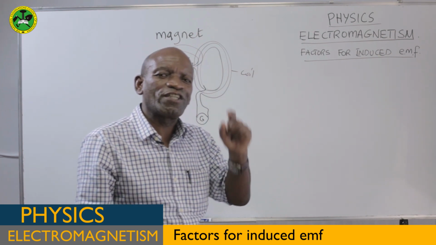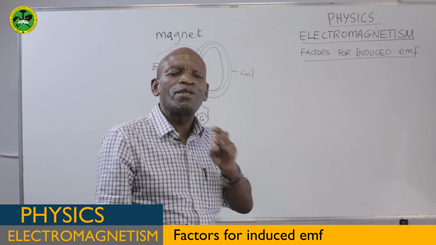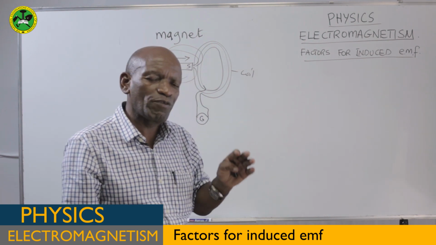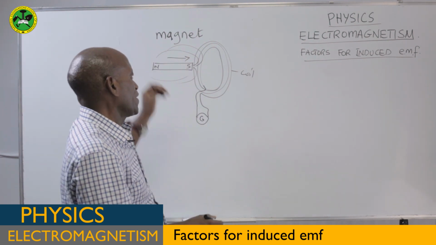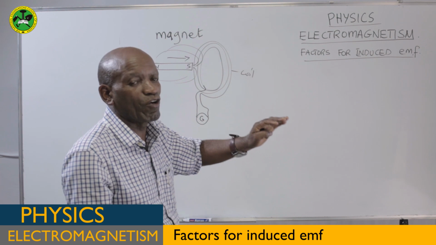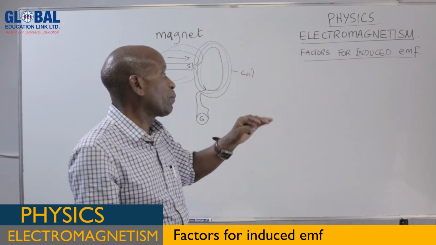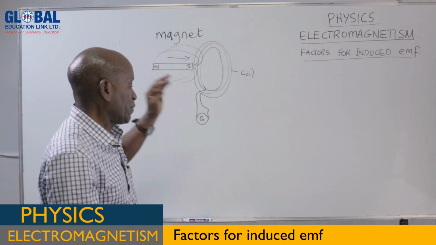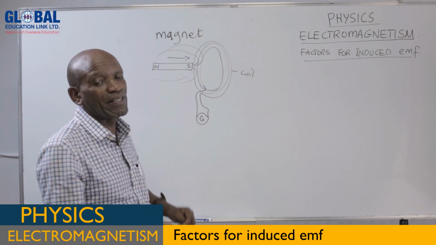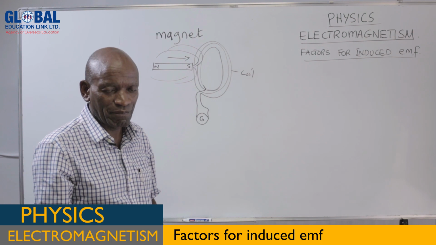If that variation no longer exists, there will be no induced EMF. So the magnetic field that interacts with the coil has to vary. That variation produces an induced EMF, and that induced EMF can be detected by a sensitive galvanometer.